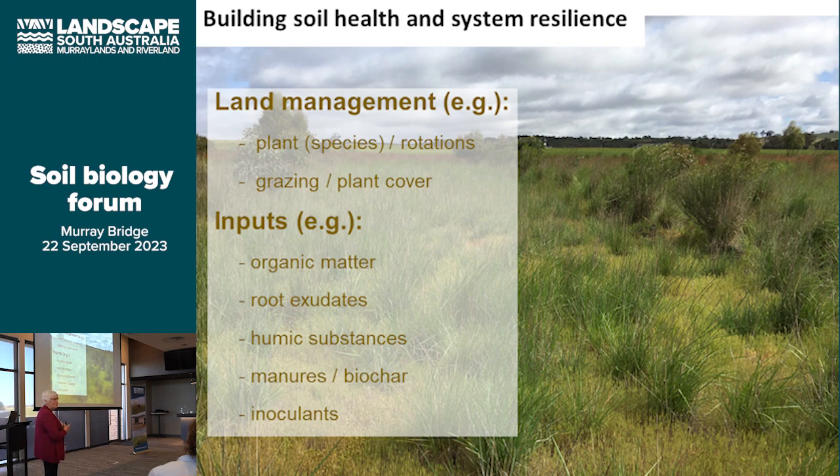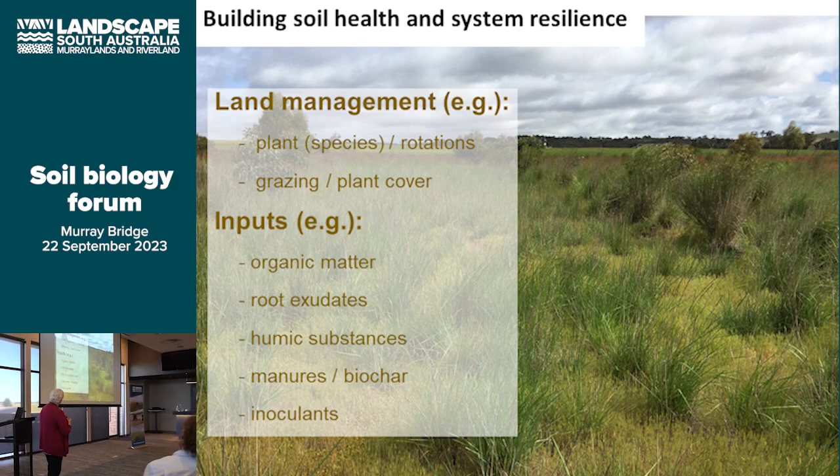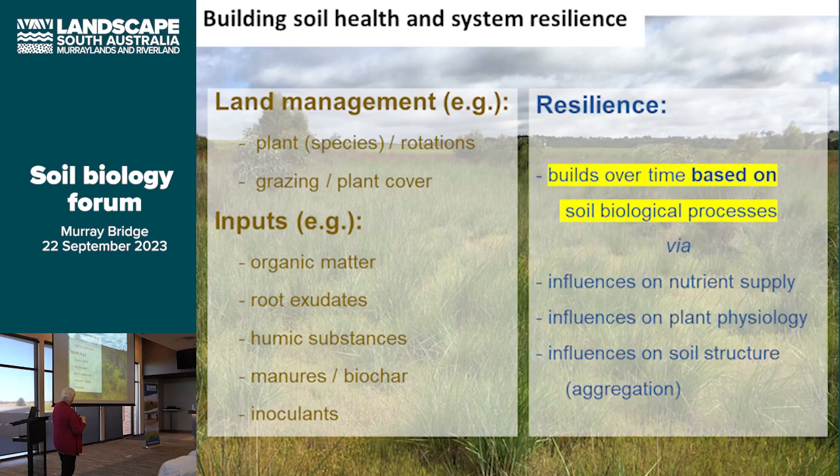So just to finish off, building soil health, building the resilience of the system. What can you do? Well, you don't actually have a lot of options, and you've got to make money, but changing plant species, introducing diversity, rotations. I grew up in an era where rotations with pastures was a normal situation, and it's not now in Western Australia. But you can have inputs from the plants, root exudates, but you can also add other strategic inputs.